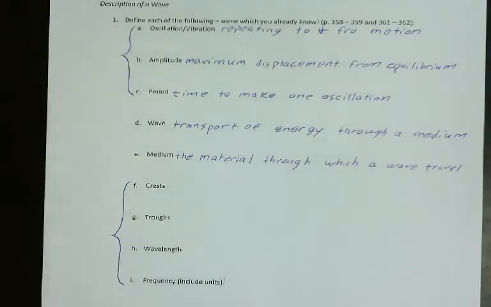What's a crest? Jordan, what you got for that one? Good. So maximum displacement, I'm going to say the maximum distance from equilibrium, so the positive maximum distance from equilibrium, but it's basically the top part of a wave.